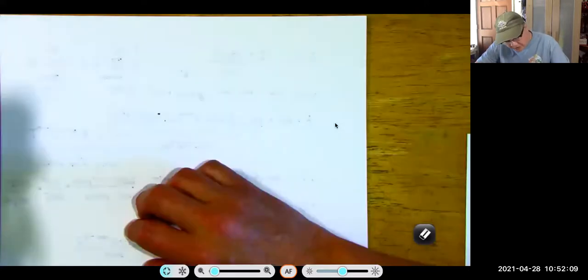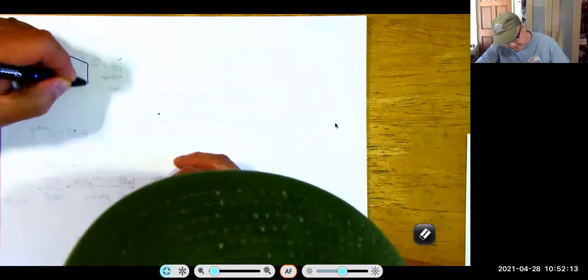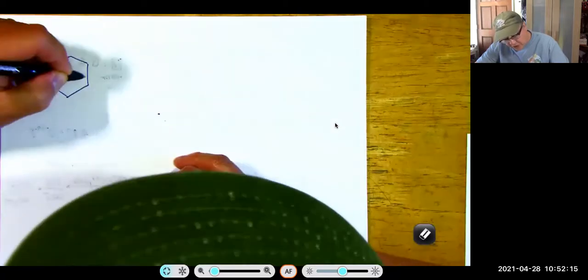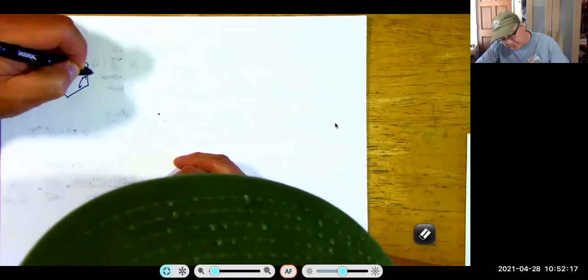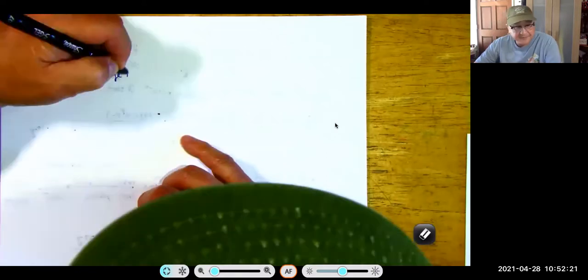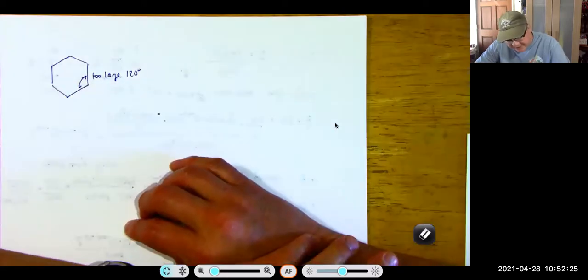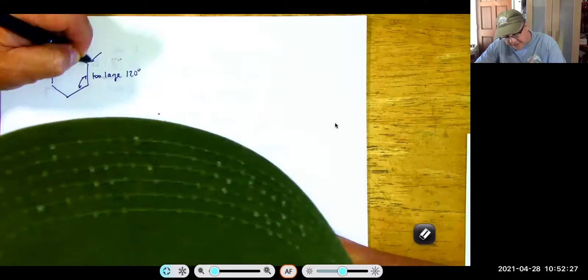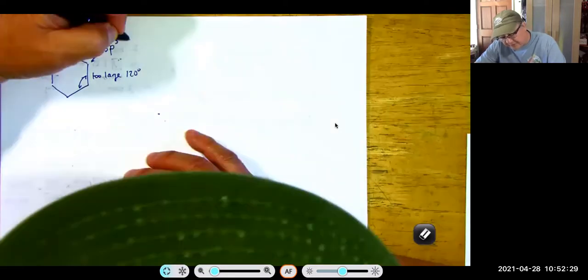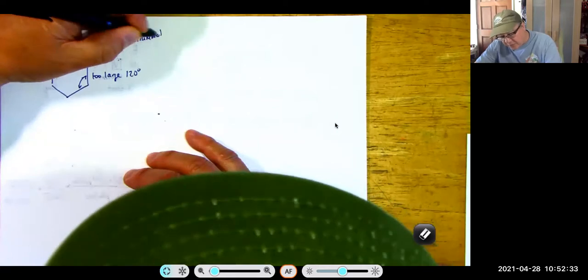So if we draw a cyclohexane like this, these bond angles are too large. They're about 120 degrees. Now, each of these is sp3 hybridized, which means it's tetrahedral, which means the angles are 109.5.